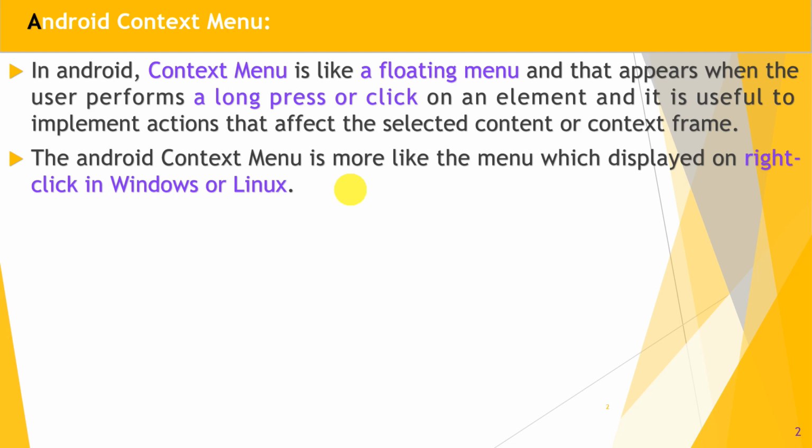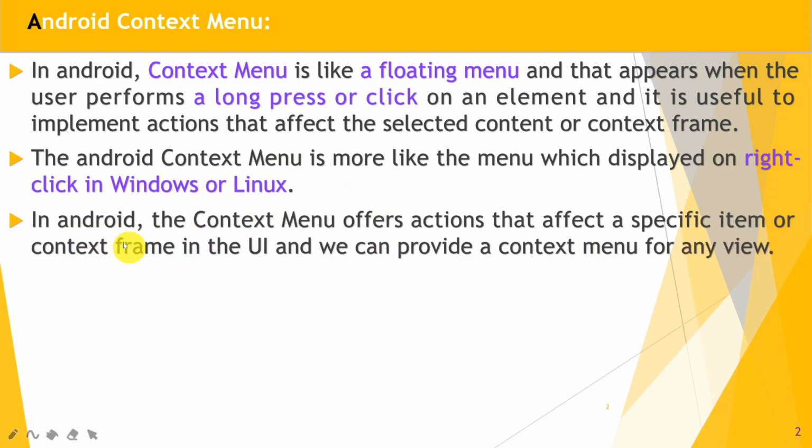Similarly, context menu works in Android. In Android, context menu offers actions that affect a specific item or context frame in the UI, and you can provide a context menu for any view.